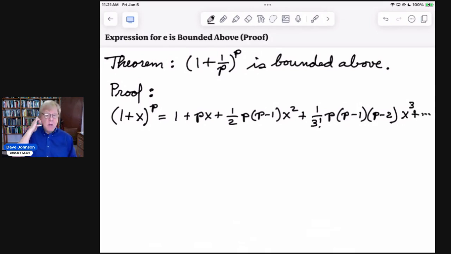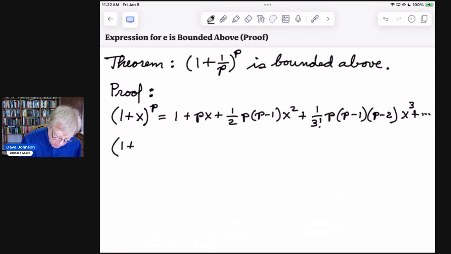So there's an infinite number of terms. In this one, we're going to rewrite this series using inequalities to show that we can find an upper bound. And so let's go ahead and replace the x with 1 over p.